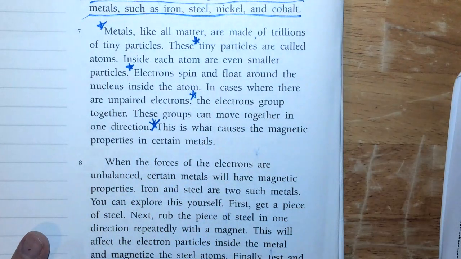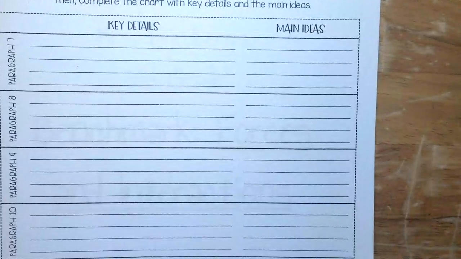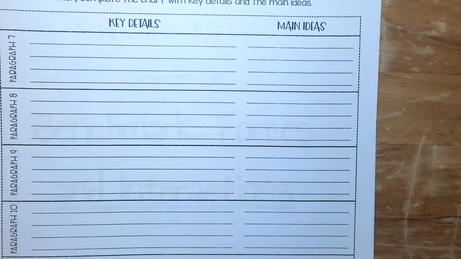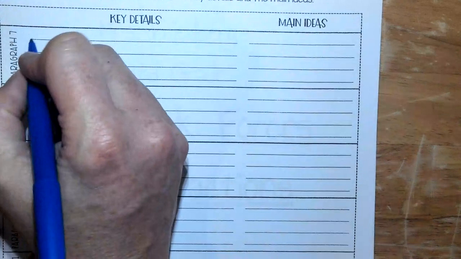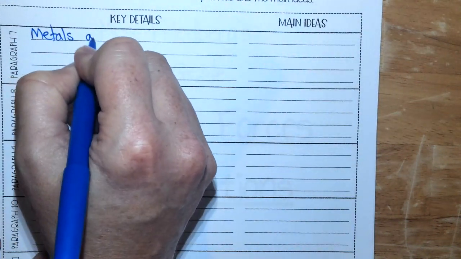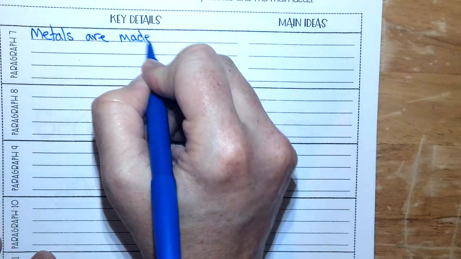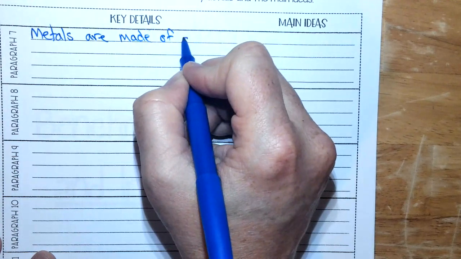So let's look over at our key details and main ideas on page 15. A couple things we want to note are that metals are made of atoms.